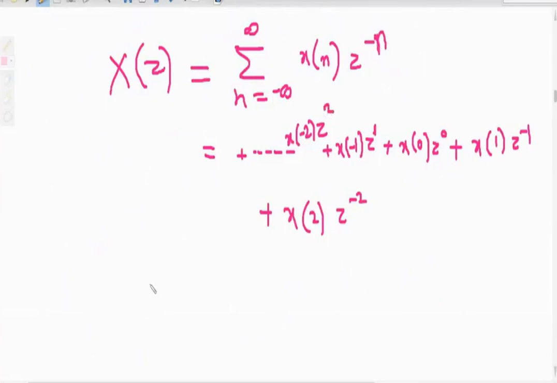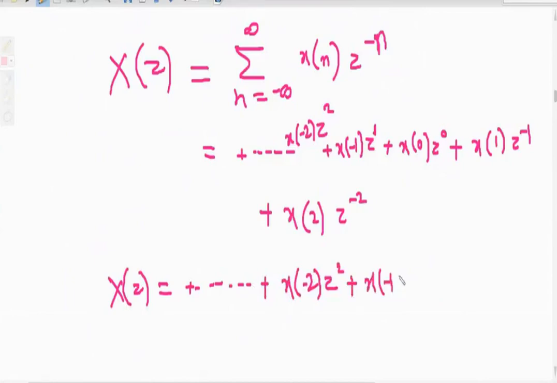So now what is your observation? Your x of z is nothing but like this: some terms here, then plus x of minus 2 z raised to 2 plus x of minus 1 z raised to 1 plus some constant x of 0 plus x of 1 z raised to minus 1 plus x of 2 z raised to minus 2, plus up to infinity.